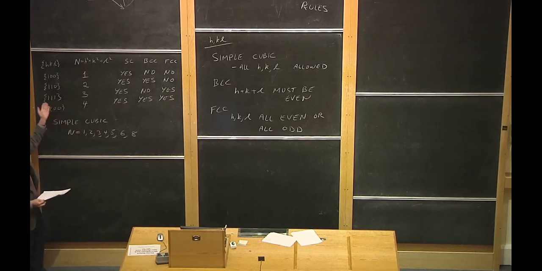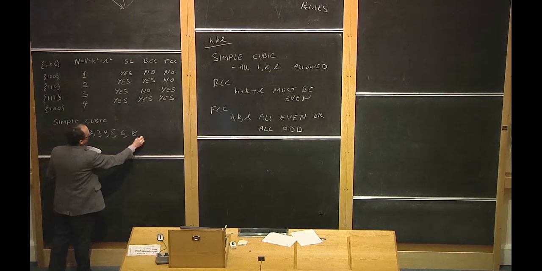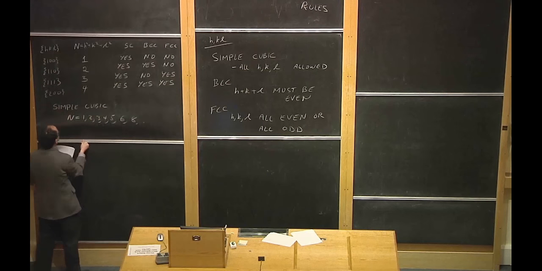All the possible h, k, and l's are allowed, but you'll discover if you try, there's no h, k, and l that if you square them and add them up gives you 7. You just can't find integers. It's sort of a number theory type of result that you just can't find 3 integers that when squared and added together give you 7. So 7 is missing, and so forth. And I think the next one that's missing is 15.